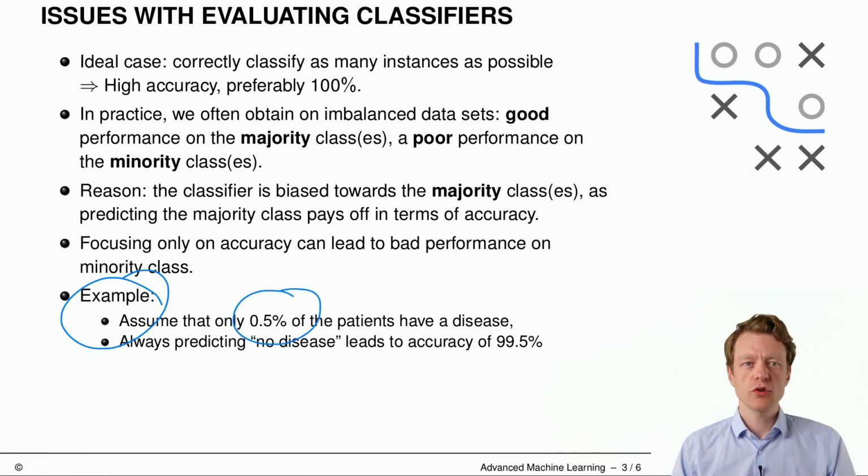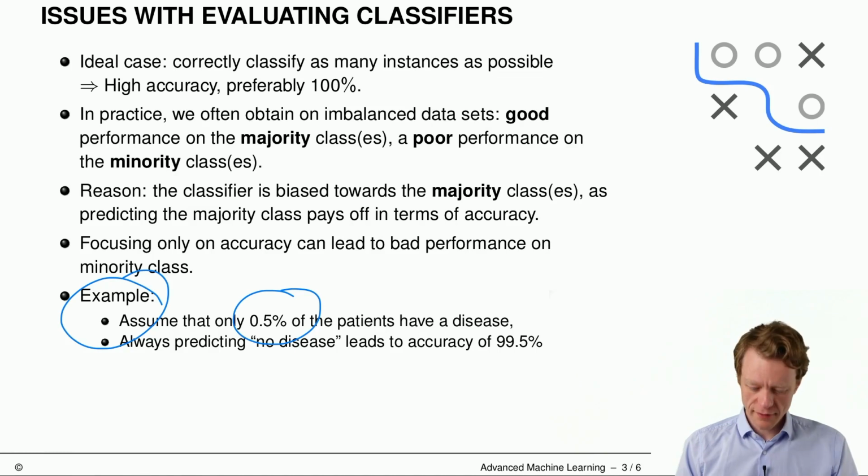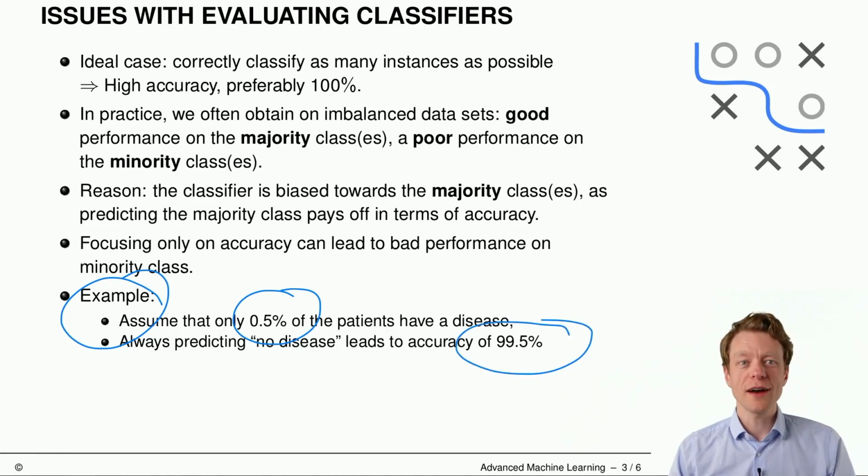If we look at this example here, assume that we have a rare disease. So just 0.5% of people have this rare disease. Let's imagine we have a prediction scenario where a new person comes in and we want to diagnose if this person has the disease or not. If we just always predict that the person is healthy, so does not have the disease, then directly we have an accuracy of 99.5%, which sounds great at first hand.